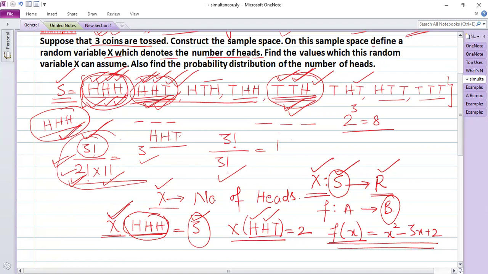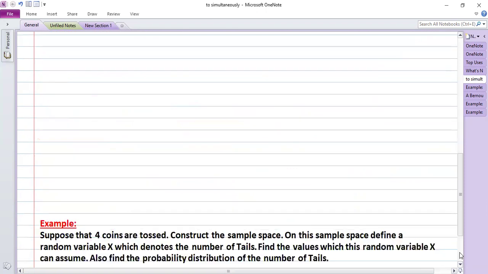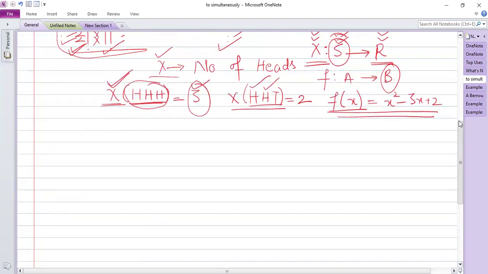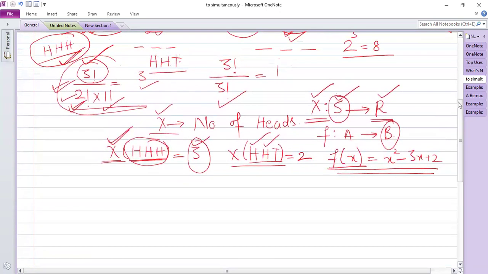Now, similarly, the value of x at this element is again 2, and the value of x at this element, tail, head, tail, I am taking any element.